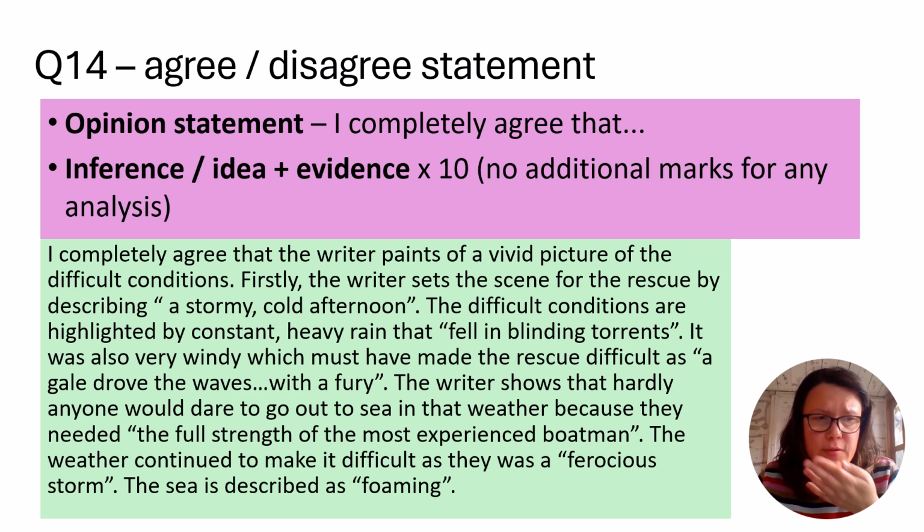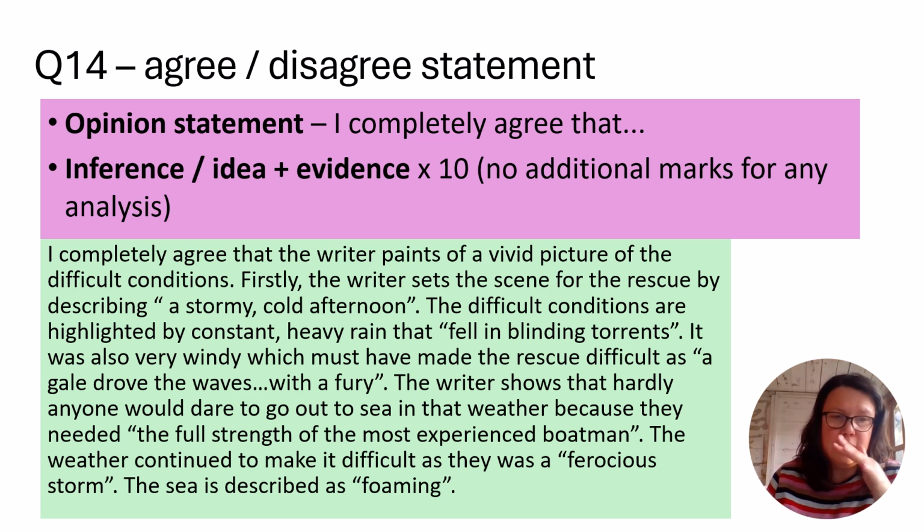The writer shows that hardly anyone would dare to go out to sea in that weather because they needed the full strength of the most experienced boatmen. The weather continued to make it difficult as there was a ferocious storm. The sea is described as foaming.